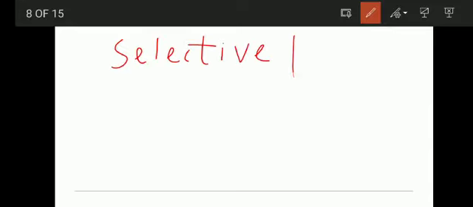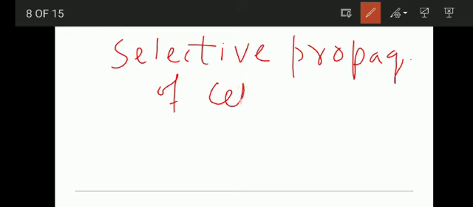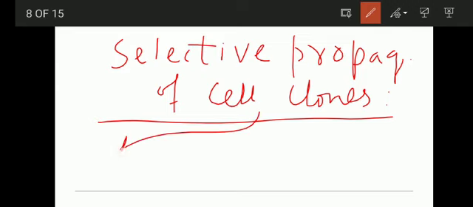So the selective propagation of cell clones involves two stages.